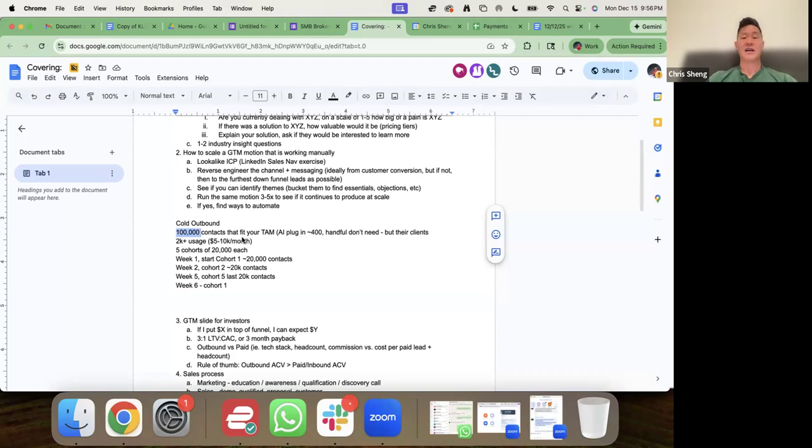Because if it's a 100K deal, theoretically, based on healthy unit economics, you could spend up to $30,000 to acquire that customer, right? So if you think about it from that perspective, cold emails don't cut it. You should be able to spend more, given the potential deal sizes, to acquire that customer.